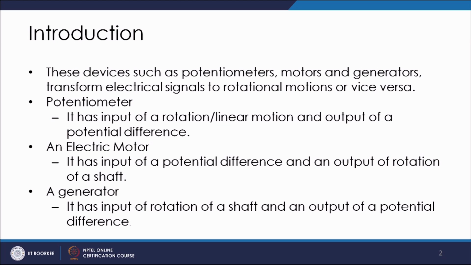Then an electric motor has input of potential difference and output of rotation of the shaft. And a generator, which is the reverse of an electric motor, has rotation of the shaft as input and potential difference as output. In this lecture I will be discussing the first two examples.